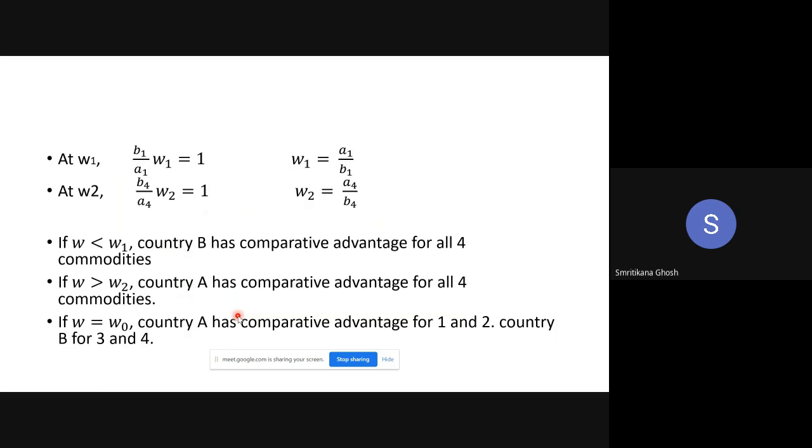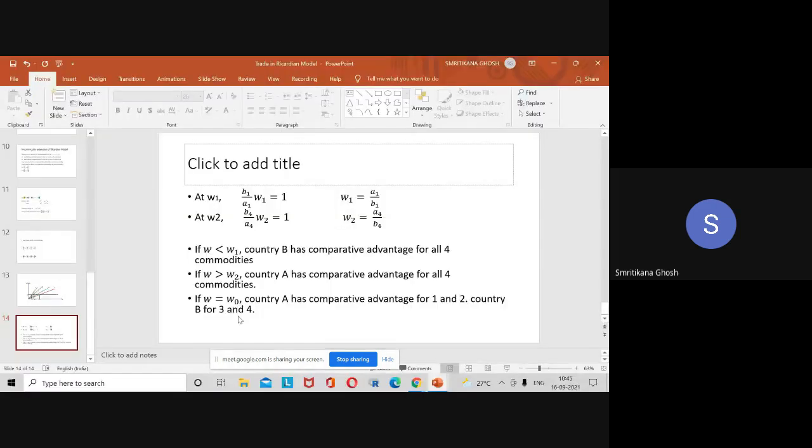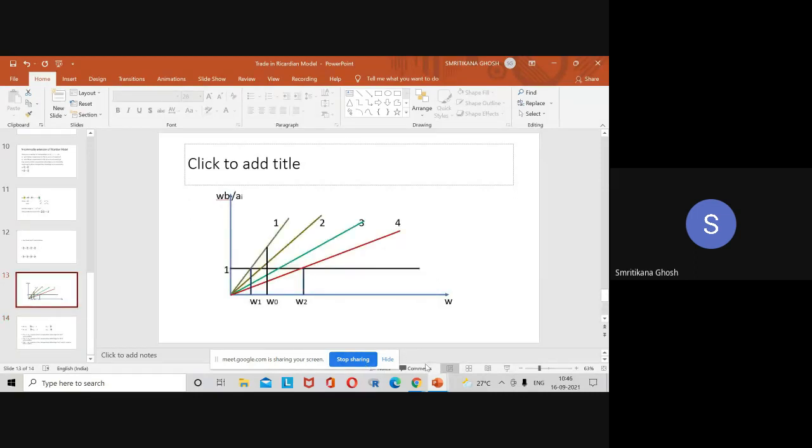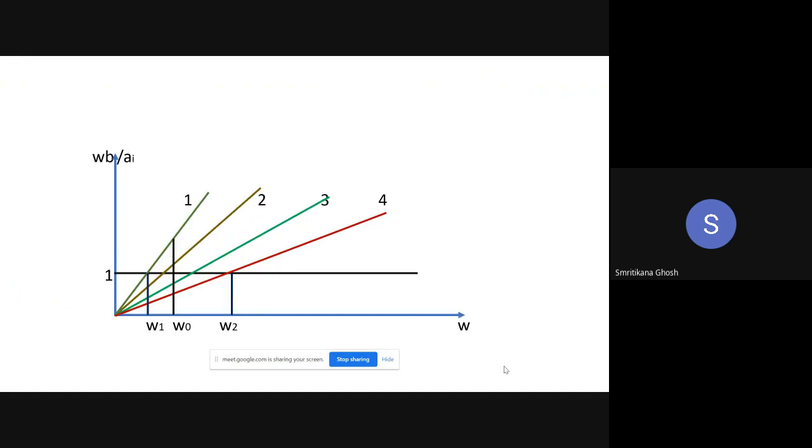What I have said, this is explained here. And then, do you need this diagram again? Okay, take your time.